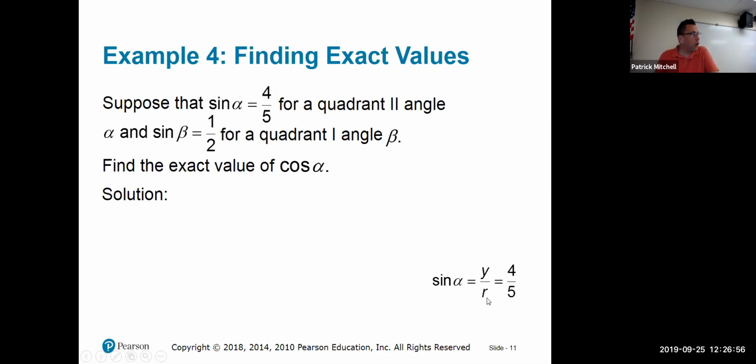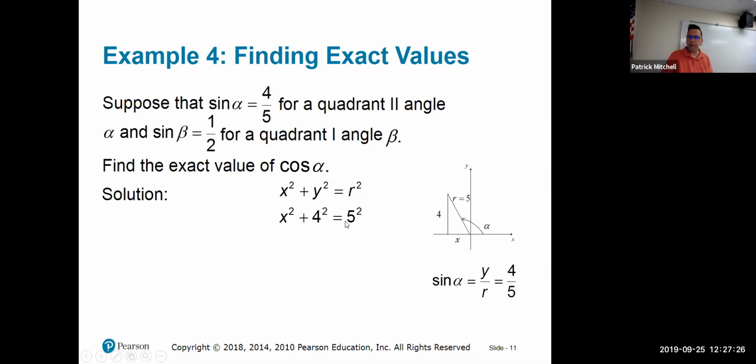So if y over r comes out to 4/5 and alpha is in quadrant 2, I can draw a picture of that. There's the picture. And we remember that the cosine of alpha is x over r, right? So I need to find x using the Pythagorean theorem. So x squared plus y squared is r squared.